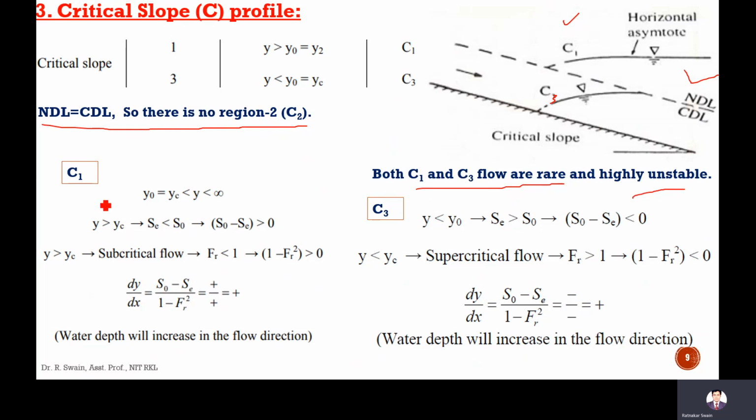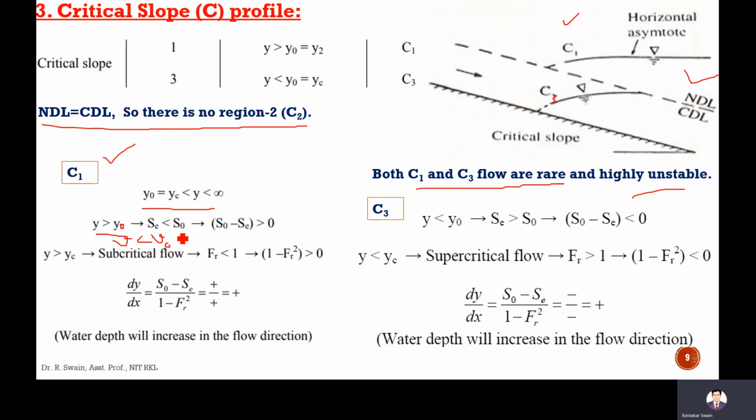In the C1 profile, Y is more than Y naught, that means Y naught is equal to YC, which is less than Y. So if Y is more than Y naught, then B will be less than B naught. It means SE will be less than S naught.